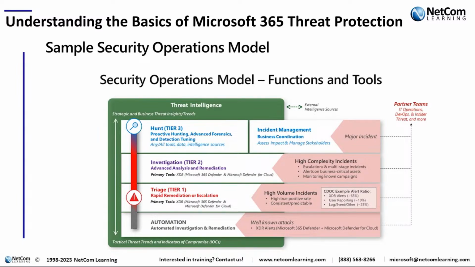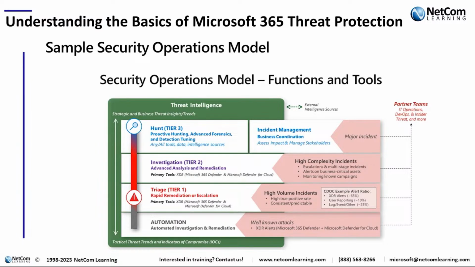You might have alerts that pop up all of a sudden on business critical assets, such as your web server or SQL server, as well as monitoring for known campaigns, right? And again, having connectivity to the Microsoft Security Center simplifies that, because now you can keep up to date with all of the different trends and campaigns that are happening around the world as Microsoft detects them.